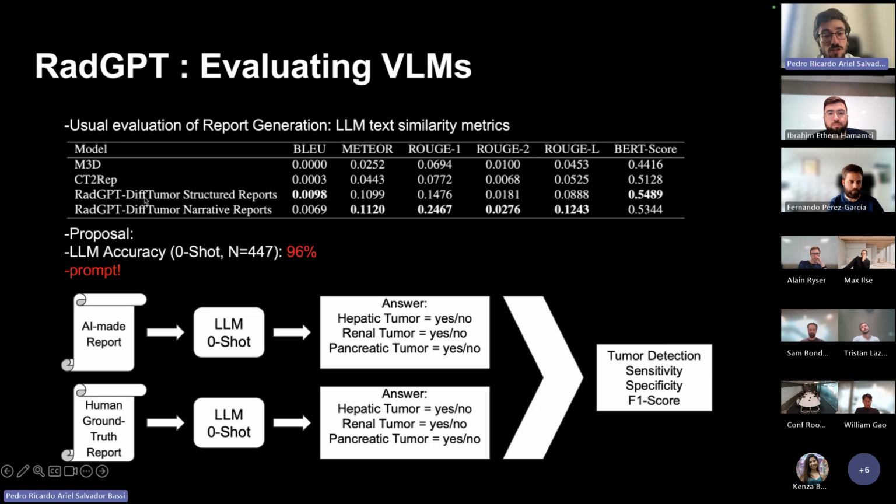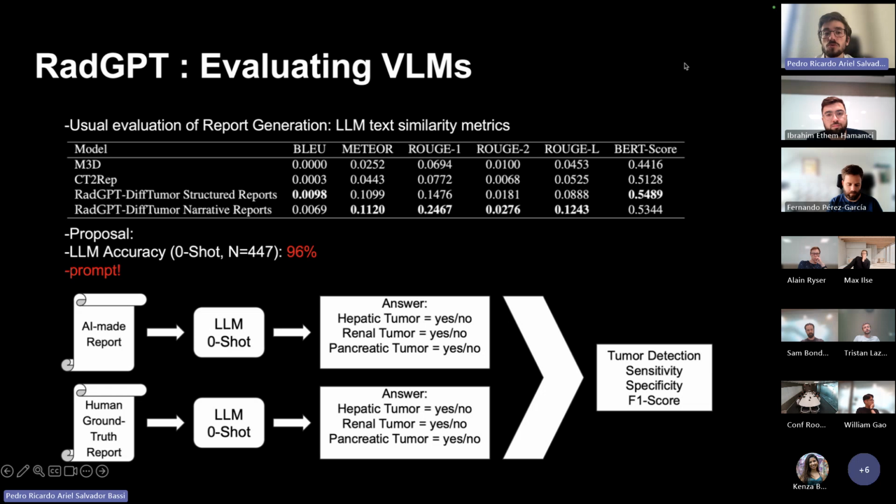So if you look here, you see that our structured reports have a ROUGE-1 performance of 0.14, but the narrative reports have 0.24, which is double. However, the medical contents of these two reports are exactly the same.